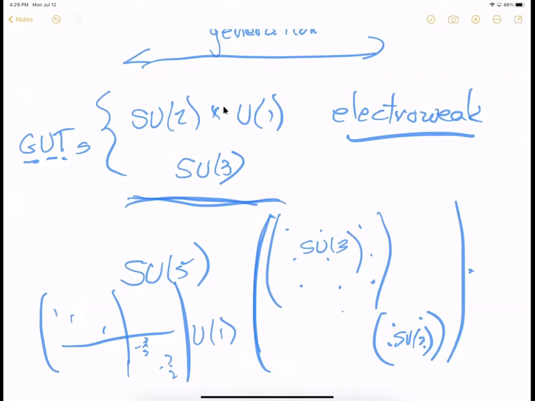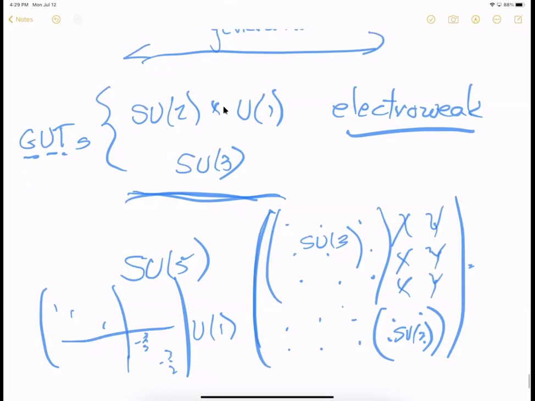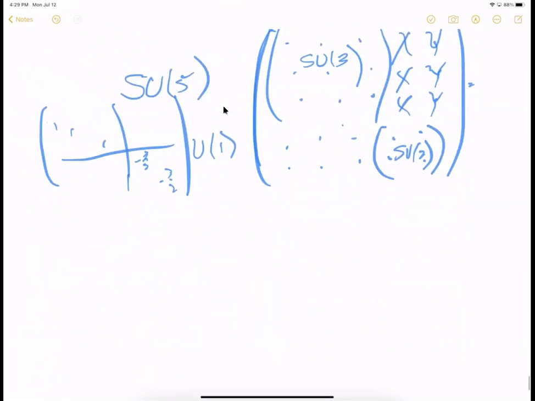Now, the problem with that is you're predicting the existence of 6 more particles called X's and Y's, and their conjugates are over here. These X and Y particles have a funny property. If you've got, say, an X here, let's just be cryptic about the rest of this. And what do these act on?